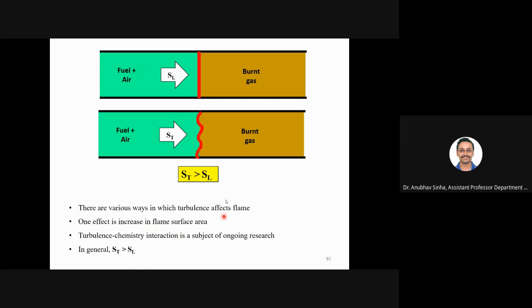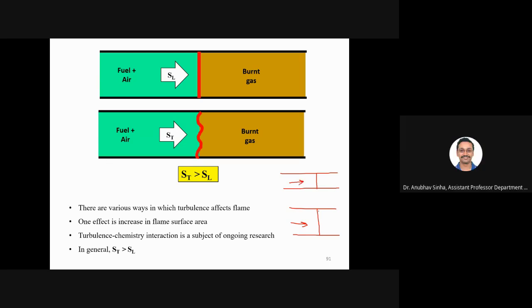Because of that surface area, it will consume more mass of fuel, right? For example, let us say I have a tube, and another tube with larger diameter. Let us say laminar flame. Which one will consume more mass, the larger tube or the smaller tube? Larger.